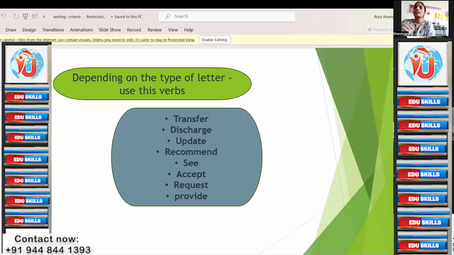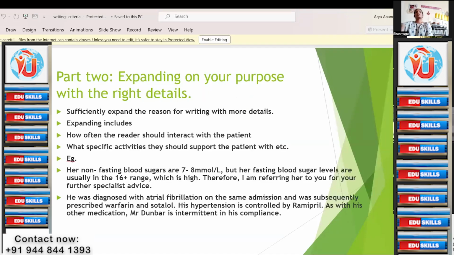Moving on to sufficiently expanding your letter, this is part two from the purpose. For how you can expand the reason: if you are giving just management of blood sugar level, you have to include why the management is needed for that patient, how he can manage, and how you found out that the patient's blood sugar is not in control.